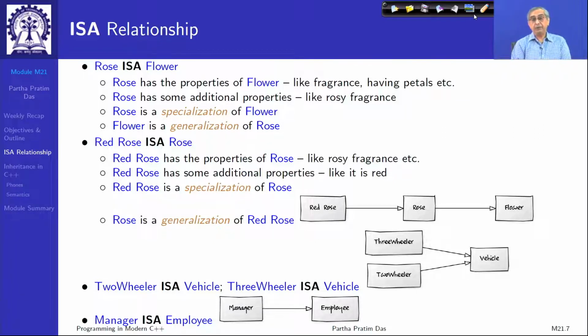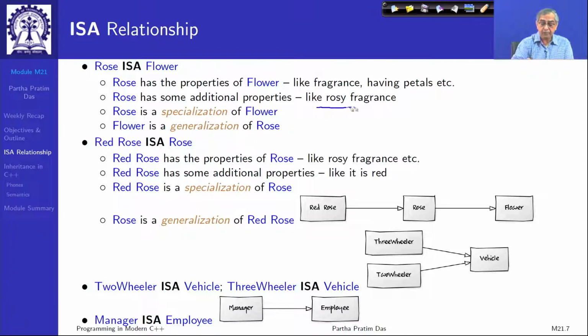Then if we talk about rose, we know rose is a particular type of flower. There are several other types of flowers as well. So, rose has the properties of the flower, but it has an additional property which is the rosy fragrance.